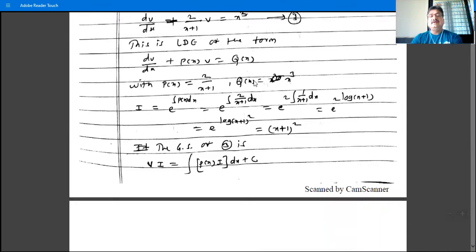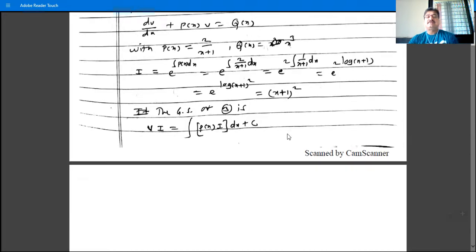In order to find the general solution of a linear differential equation, we first find the integrating factor, and the formula is I = e^∫P(x)dx = e^∫2/(x+1)dx. Take 2 outside the integration, and the integral of 1/(x+1) is log(x+1). So 2 log(x+1) is log(x+1)². Since m log a is log aᵐ, e and log cancel, so we have (x+1)².